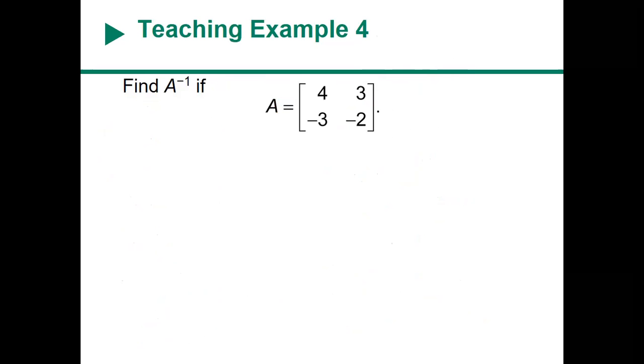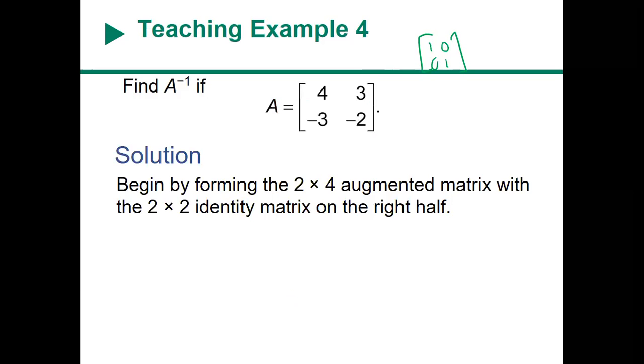So here we have A equals 4, 3, -3, -2. That means that I'm going to have to transform it into 1, 0, 0, 1. So we're going to begin by making our 2 by 4 augmented matrix, and we're going to put our 2 by 2 identity matrix on the right half.